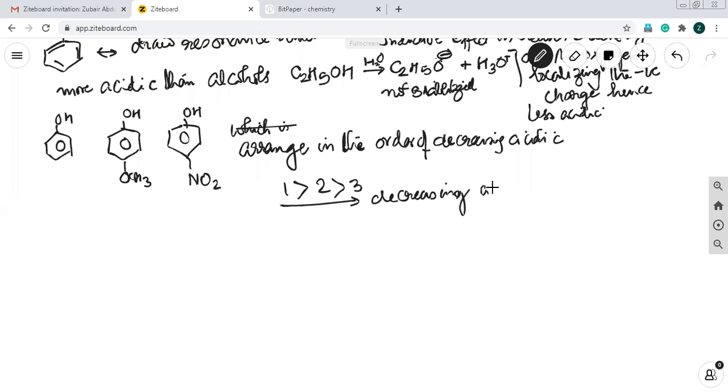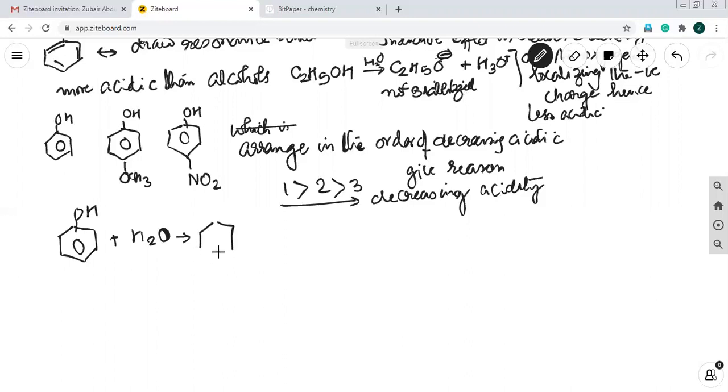This is how you have to arrange. And then explain or give reason. How will you do that? What you have to do is you just write ArOH plus H2O giving ArO minus. Okay, we'll put an R here. That is important.